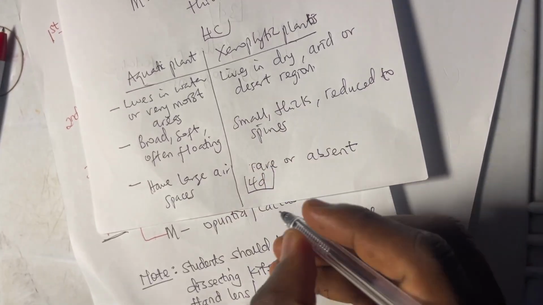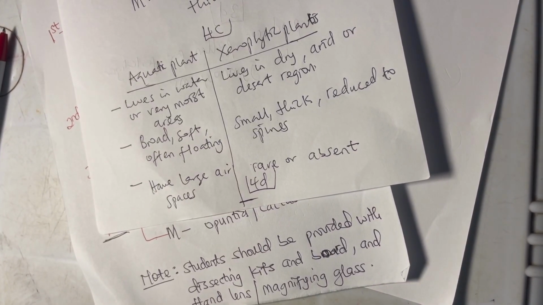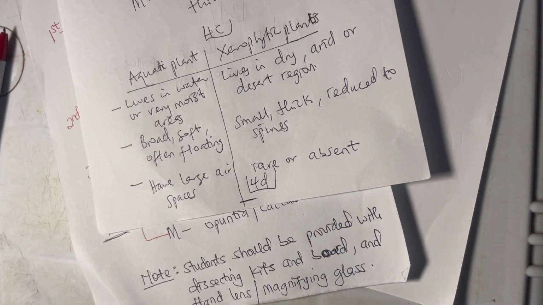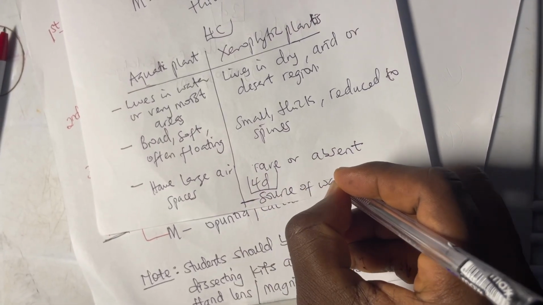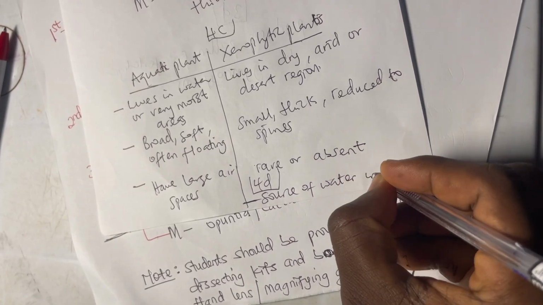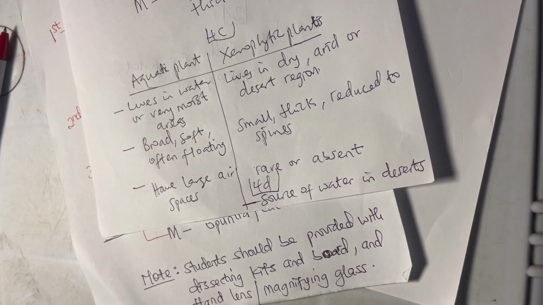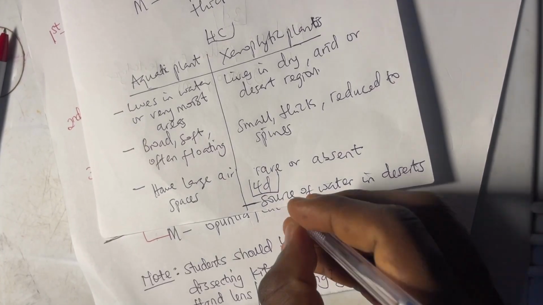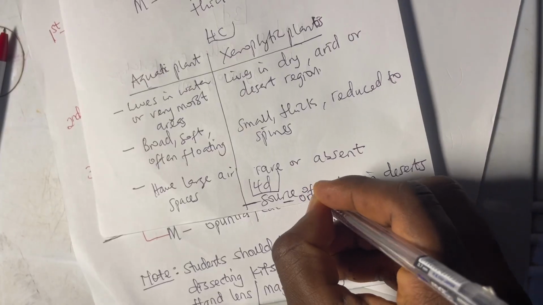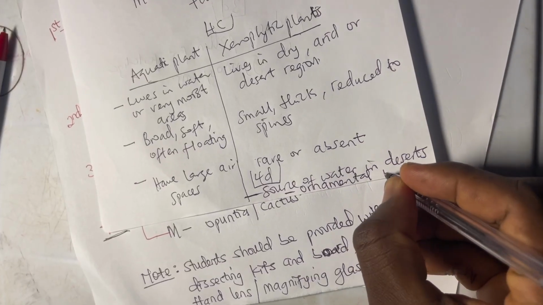The uses are that it is a source of water in the desert, and another one is that it is an ornamental plant.